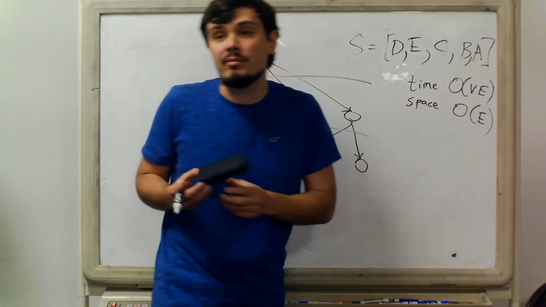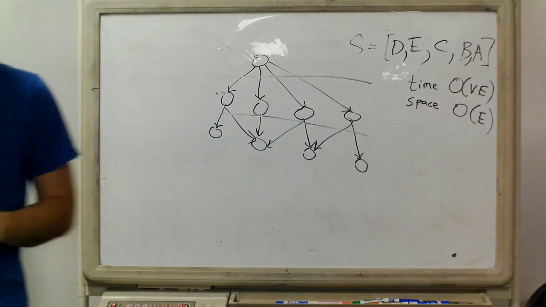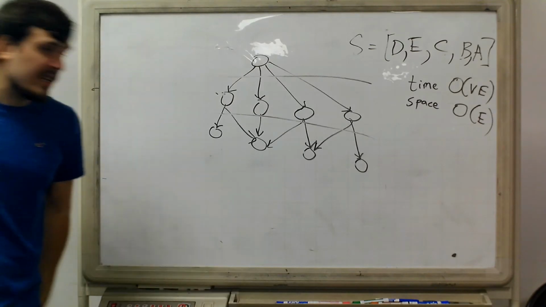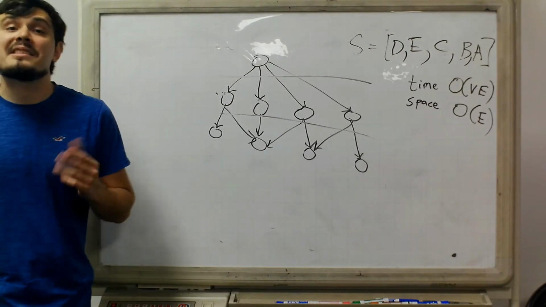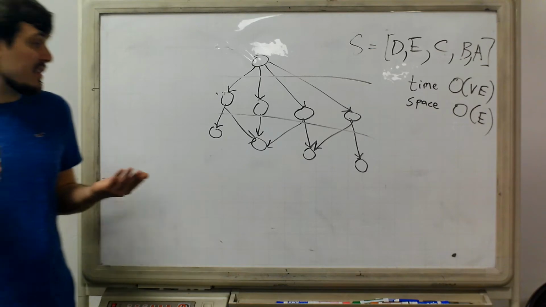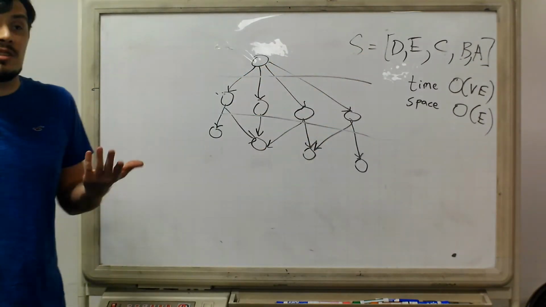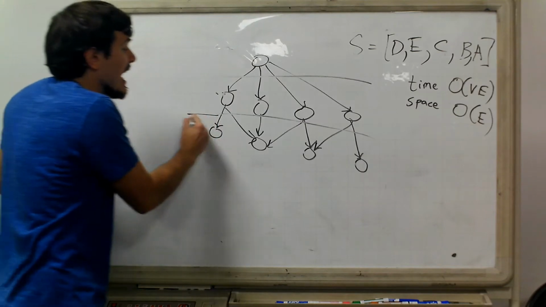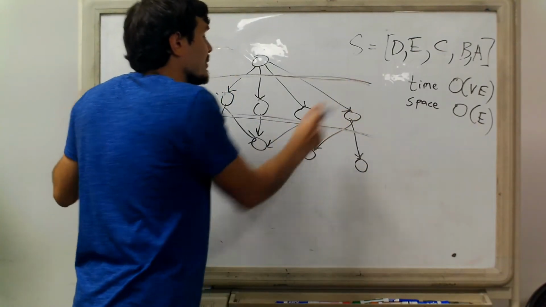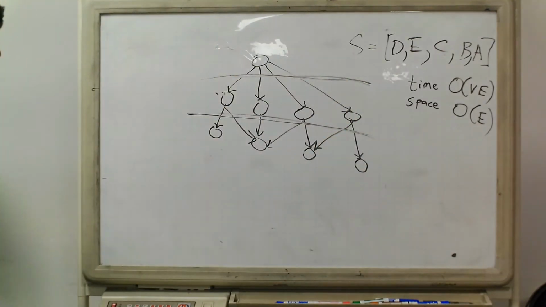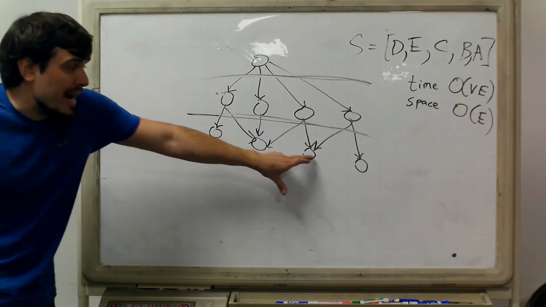times E time. Another interesting thing about this algorithm is that it offers opportunities for parallelizing. Why is that? Because it's just as easy for us to get this linear order as it is to get layers, right? By layers, I mean clustering these nodes by which layer they're in. So I can do these 4 in parallel.